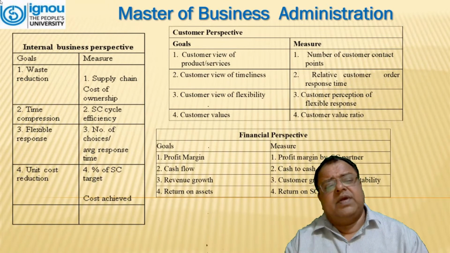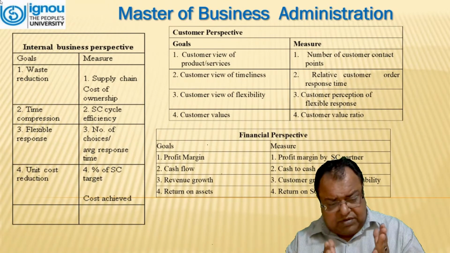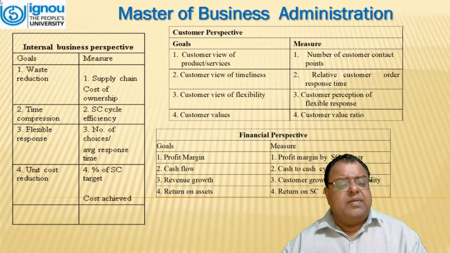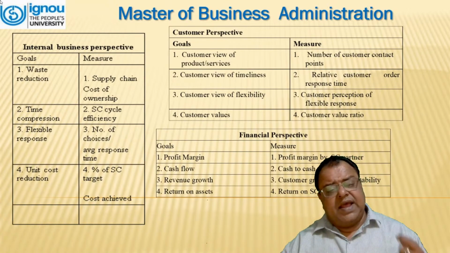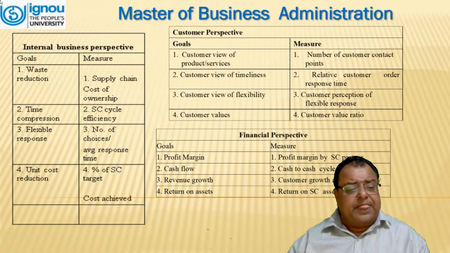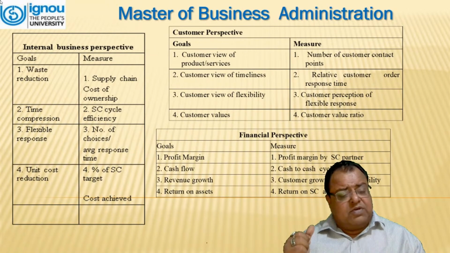Here we see the internal business perspective, the relation between goals and measures. If the organization has an initial goal of waste reduction, what measure has to be taken? The supply chain cost of ownership is involved.